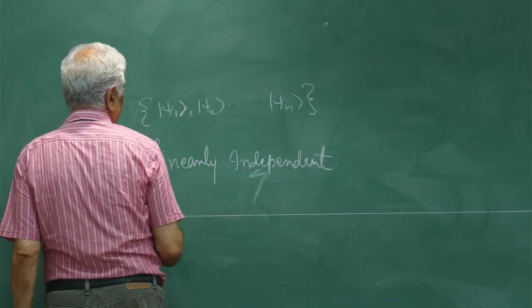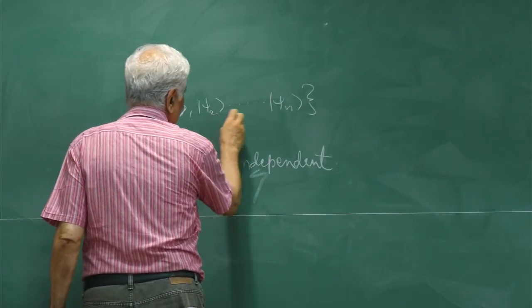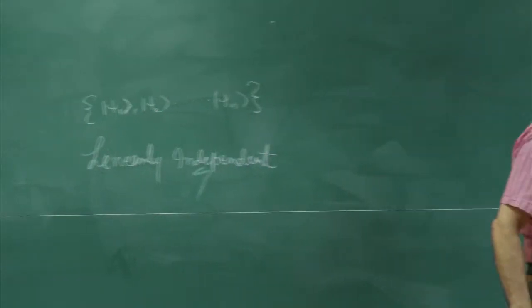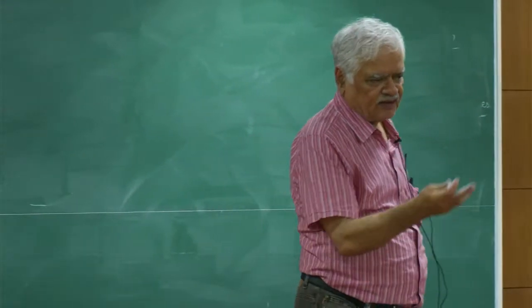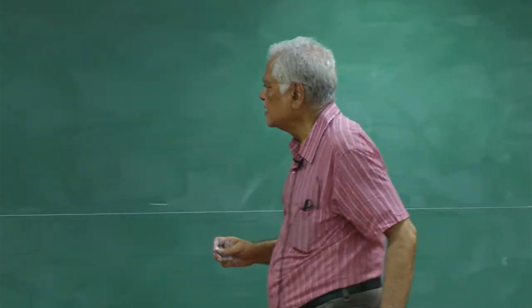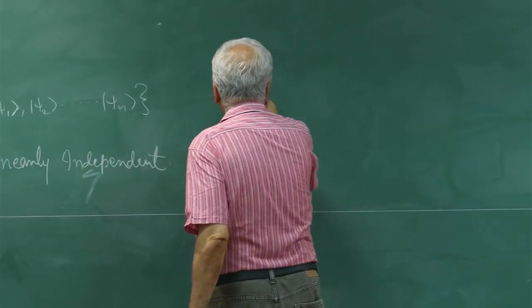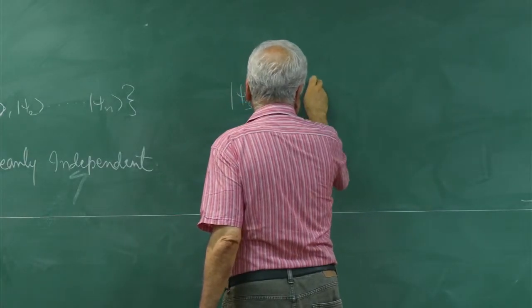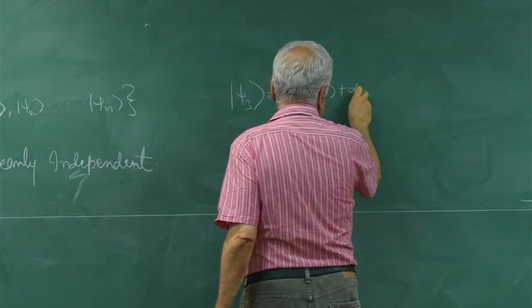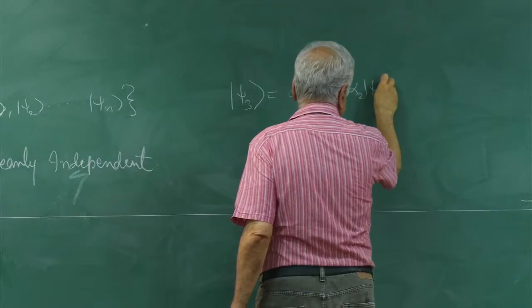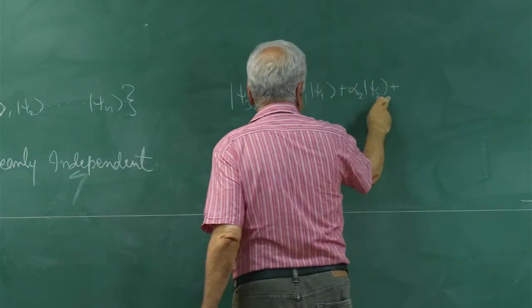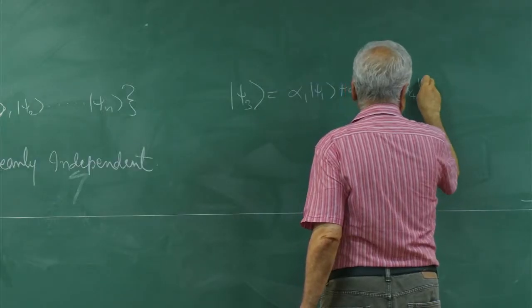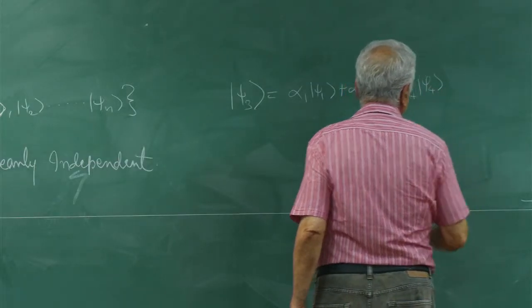It is not possible to express any one of these states as a superposition of the remaining ones from the same set. So suppose I choose psi 3, then I cannot express psi 3 as a superposition of psi 1, psi 4, and so on.